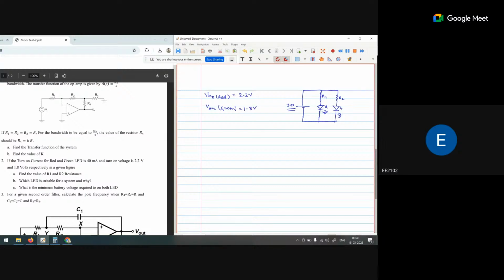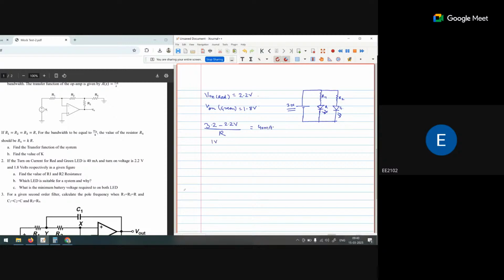Okay, so we know the equation is that when I apply in the first branch, 3.2 volt minus 2.2 volts divided by R, the voltage difference divided by resistance, and the required current is 40 milliamp.